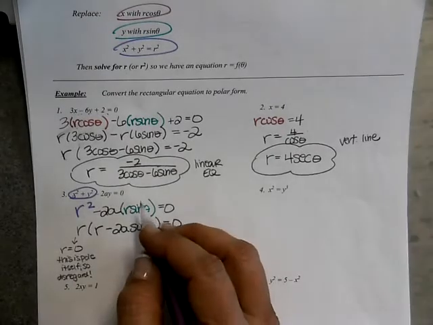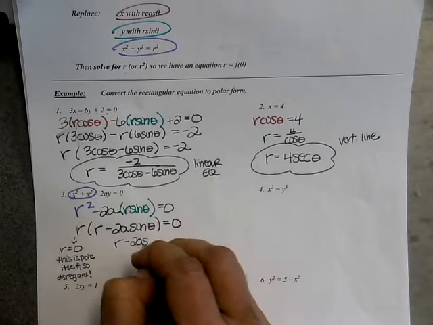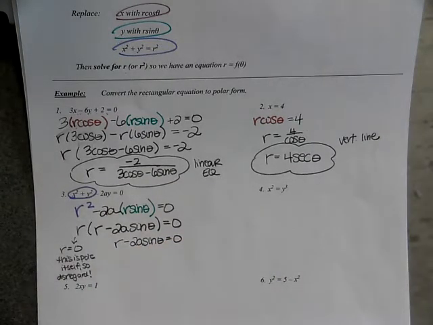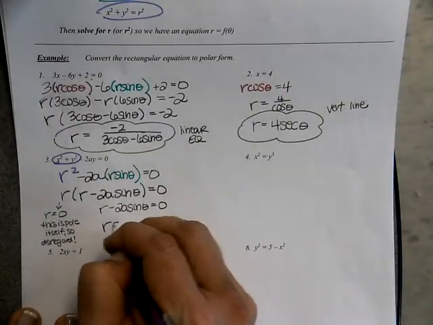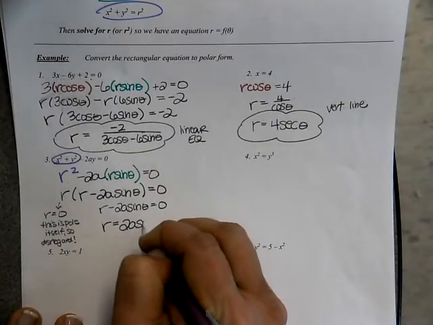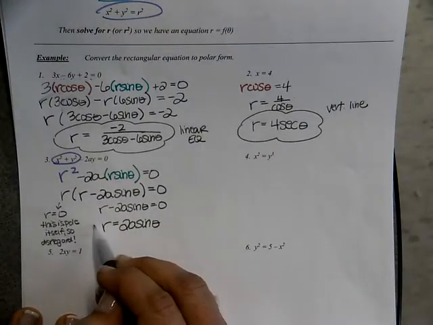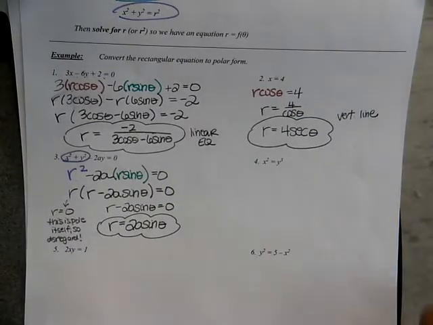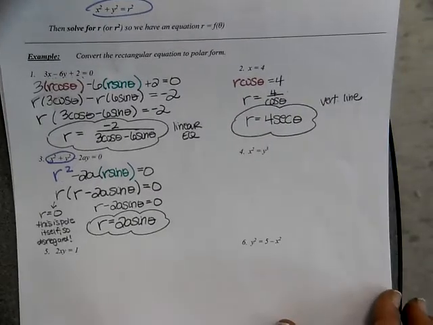And then what we'll do is we'll take this r minus 2a sine theta and set it equal to 0 and solve for r that way. So we'll just focus on this guy. And then all we really do is add 2a sine theta, and that would be our answer, that our polar equation would be r equals 2a sine theta.